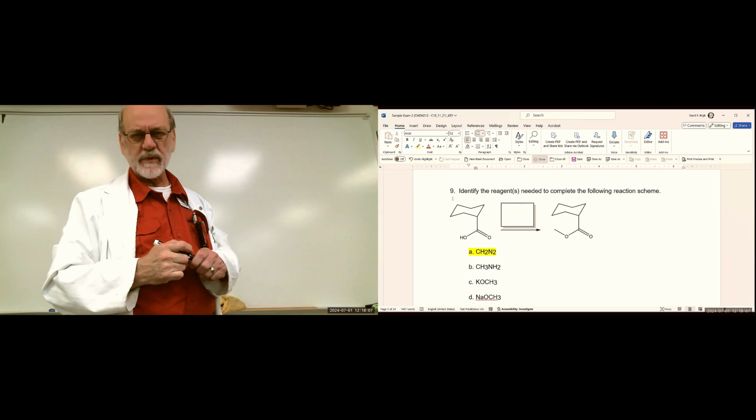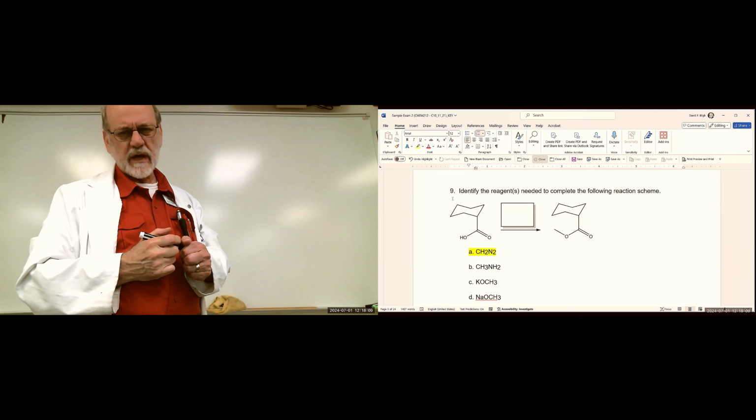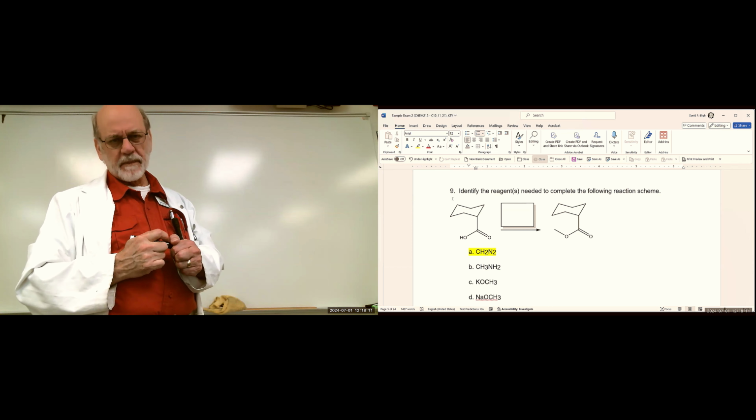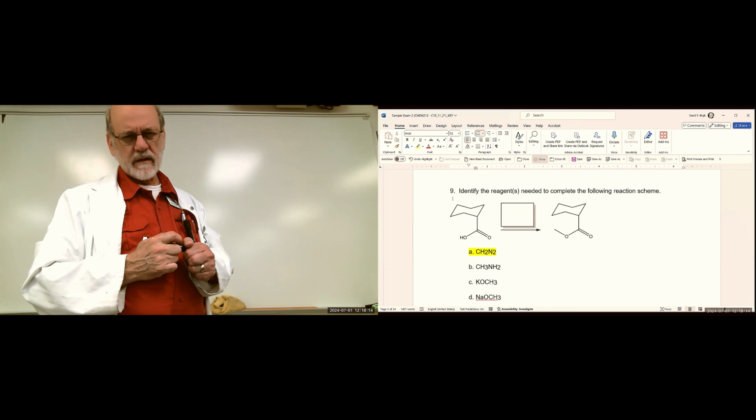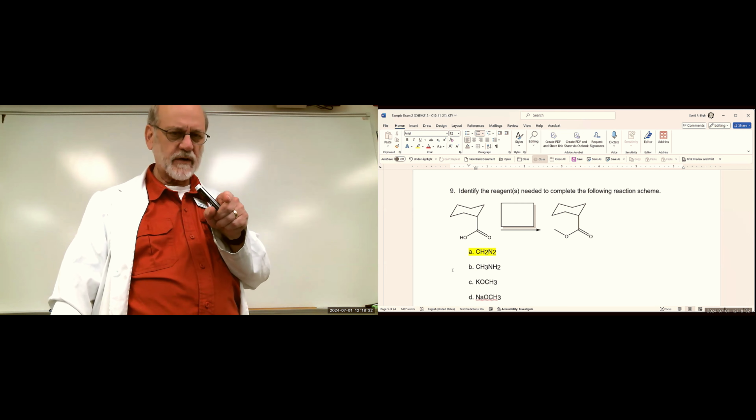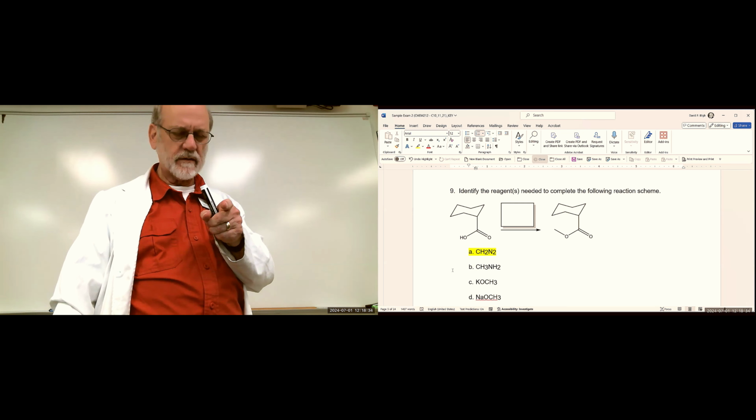Identify the reagent needed to complete the following reaction scheme. Okay. So we're adding a methyl group to the oxygen on the carboxylic acid. Yep. So if that's the bond that's being formed, what's the electrophile and what's the nucleophile?